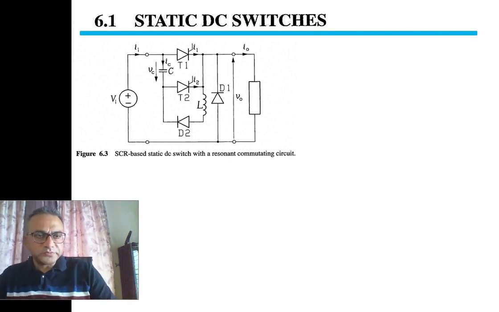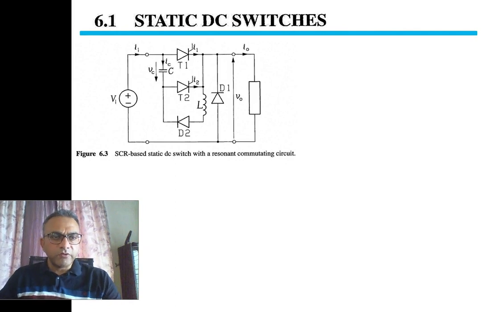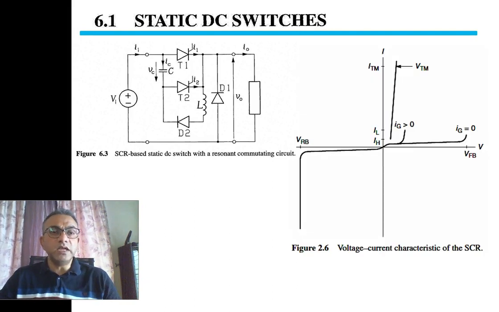For the SCR, we can turn it on using a gate current, and to turn off the SCR, we have to ensure that the current flowing through the thyristor is less than the holding current.